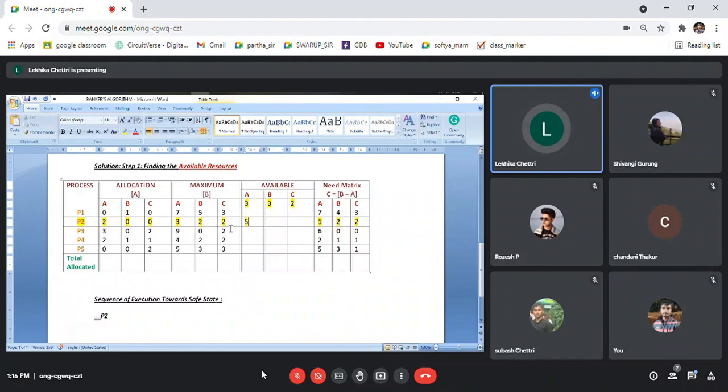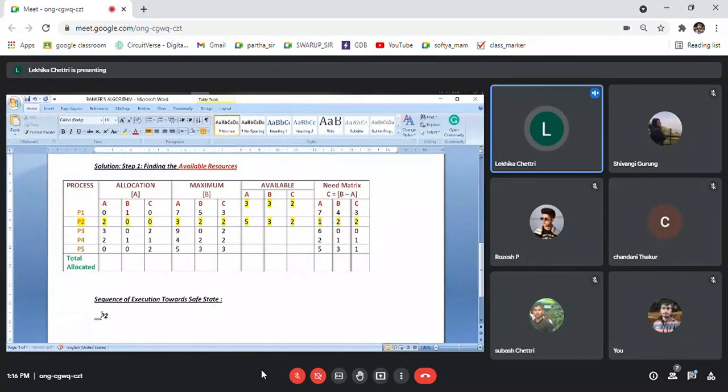So 3 plus 0, I'll have 3 after it finished its task. So now P2 has finished its task. Earlier, the operating system had 2 copies of resource 2 and P2 had hold 0 copies. So after it completes its task, it will release the 0 copies. So 0 plus 2, I have 2. Okay, so I have 2.